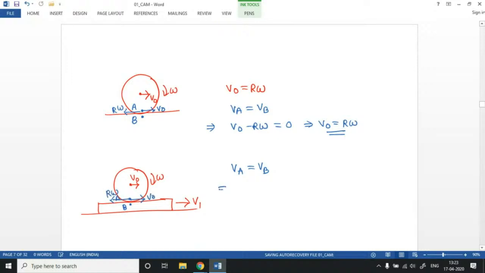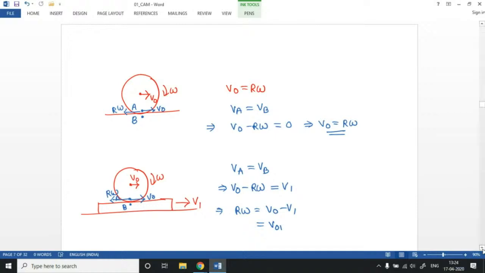So VA is going to be V naught minus R omega, and that will be equal to the velocity of point B, which this time is equal to V1 over here. So basically we have got this new relationship. Or you can say R omega is equal to V naught minus V1.